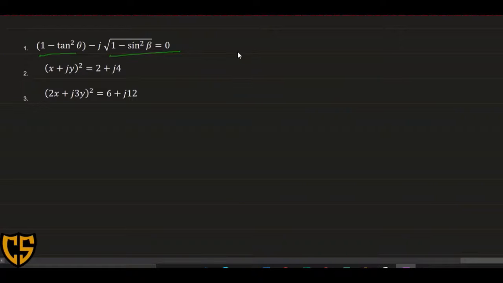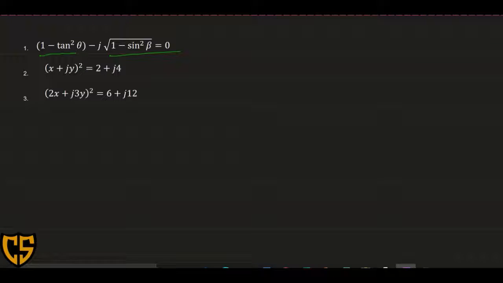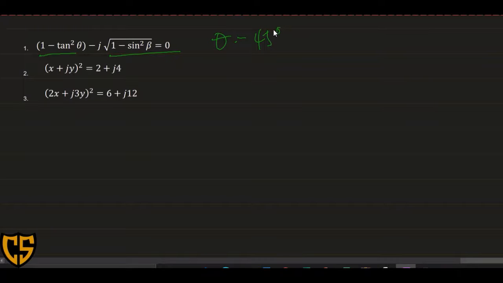Take note that our theta is equal to 45 degrees. So we have to consider the negative value. So we have negative square root of 1 minus sine squared beta is equal to 0.